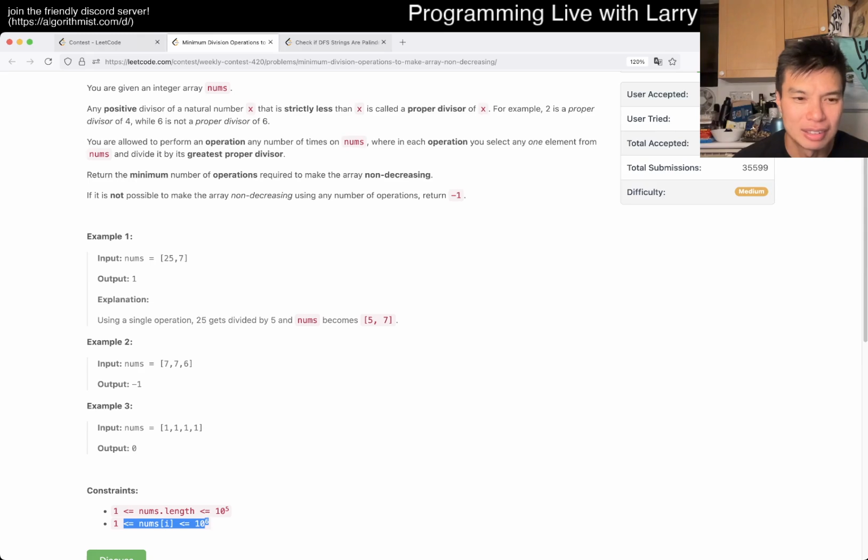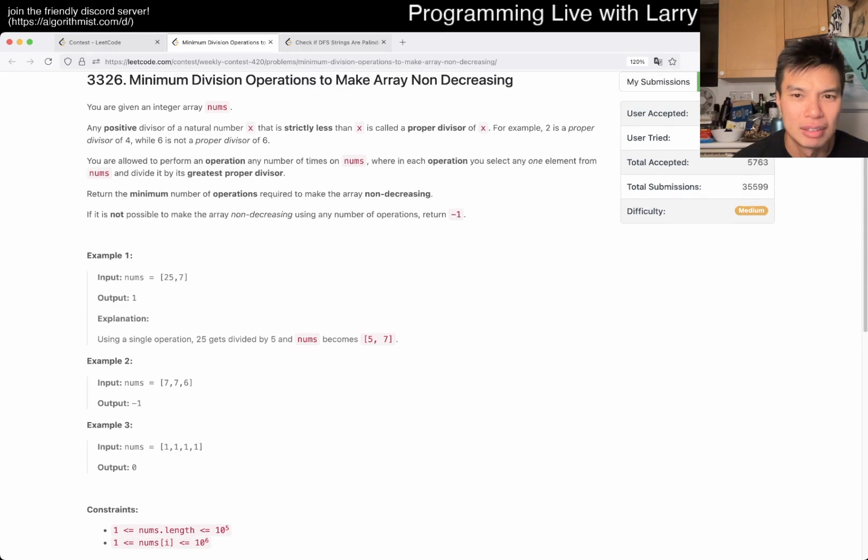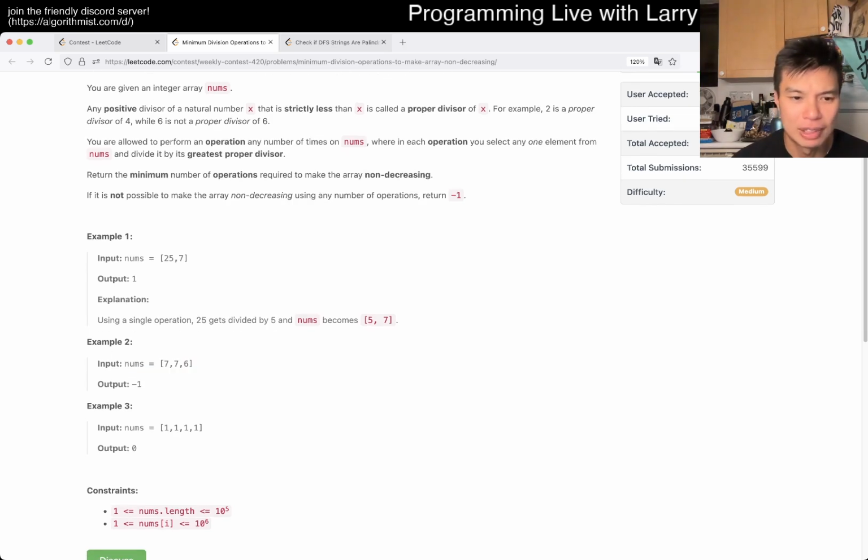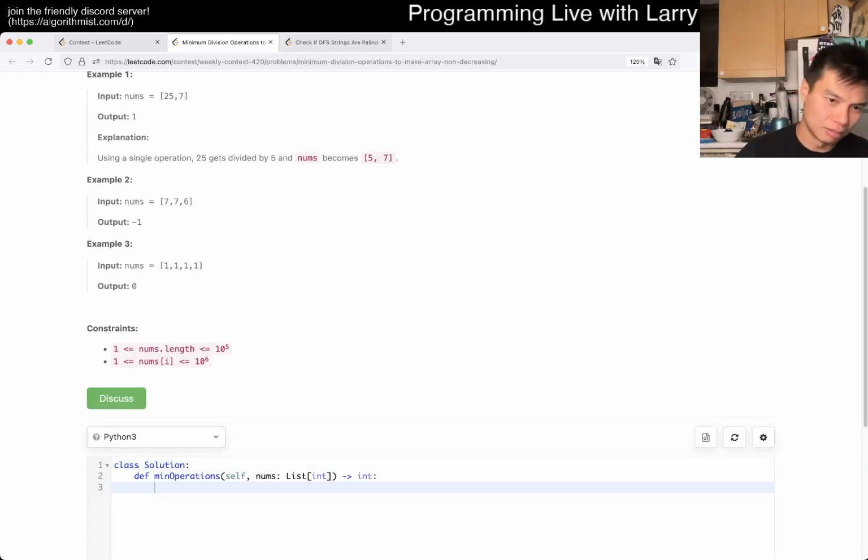Non-decreasing is monotonically increasing kind of thing. I mean, you just do it from right to left. I think greedy is fine. The trick is sifting that through, because in a greedy way, there's no other thing to do.